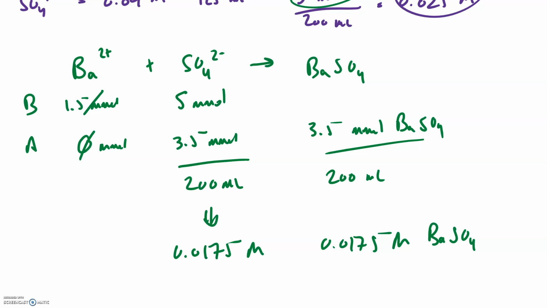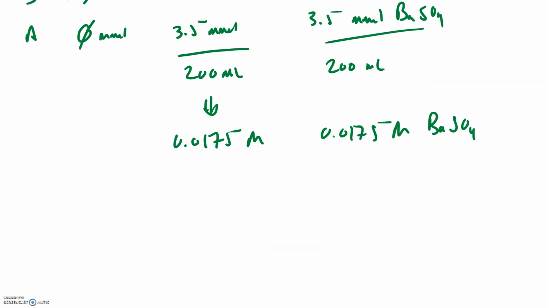Okay, so what does this mean? Well, when we plug this into our equation for KSP, obviously this is a very small number. Our KSP is on the order of times 10 to the negative 9, but we're going to treat this like a common ion effect.